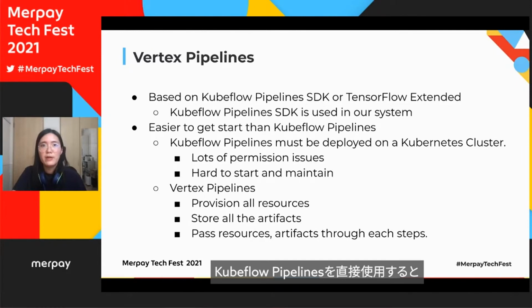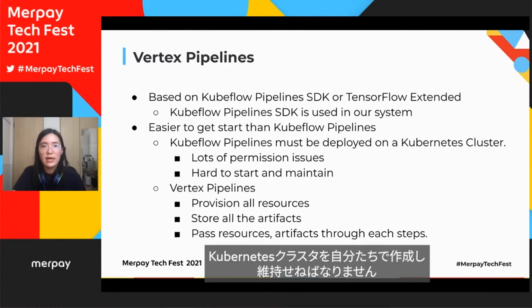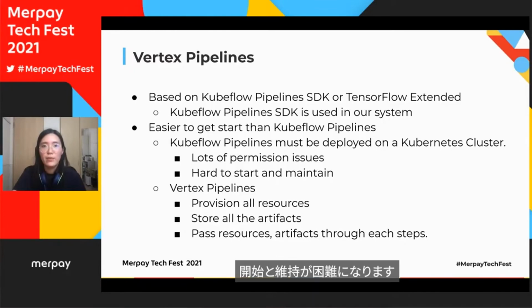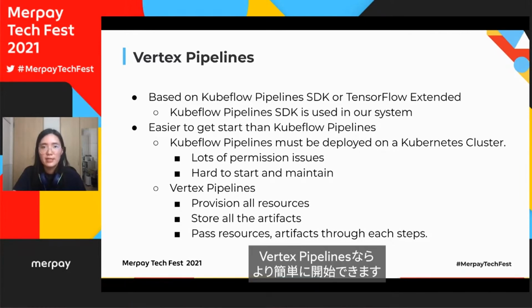Using Kubeflow Pipelines directly will need us to create and maintain a Kubernetes cluster by ourselves, which means we need to deal with lots of permission issues and will be hard to start and maintain. Vertex Pipelines is easier to get started.